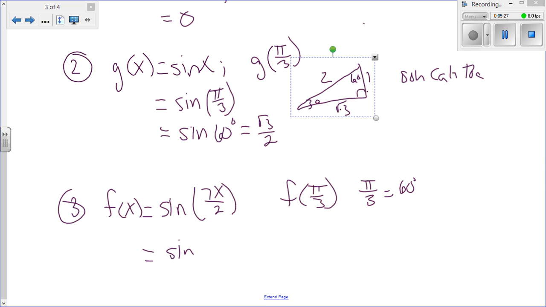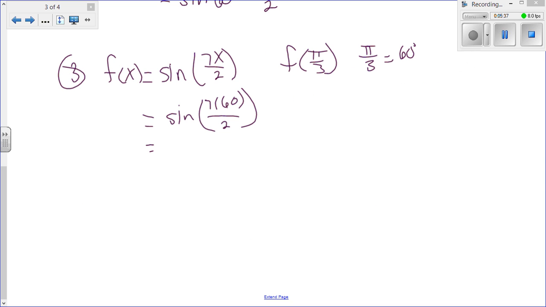I think for this it's easier to convert to degrees first, and then it's easier to multiply this way. 2 goes into 60 30 times. So this is the sine of 210 degrees.